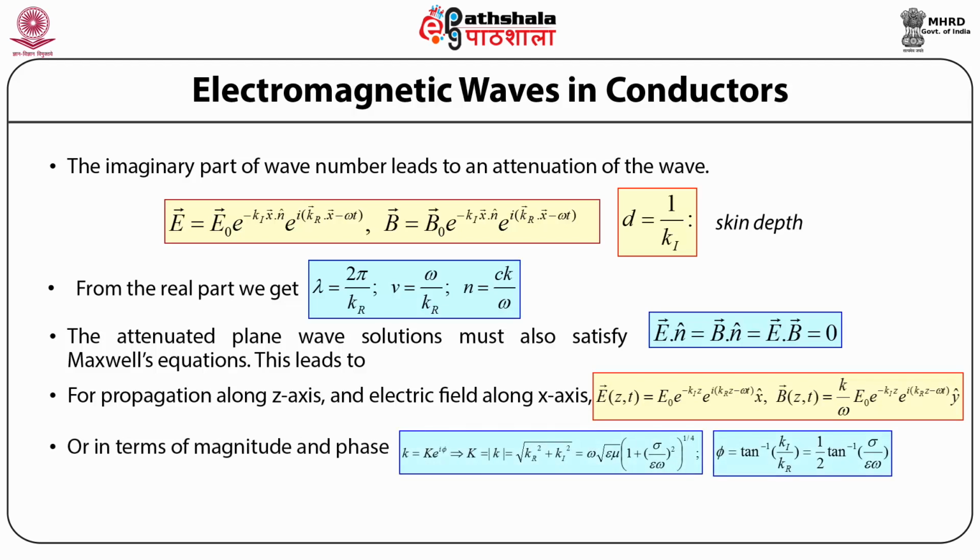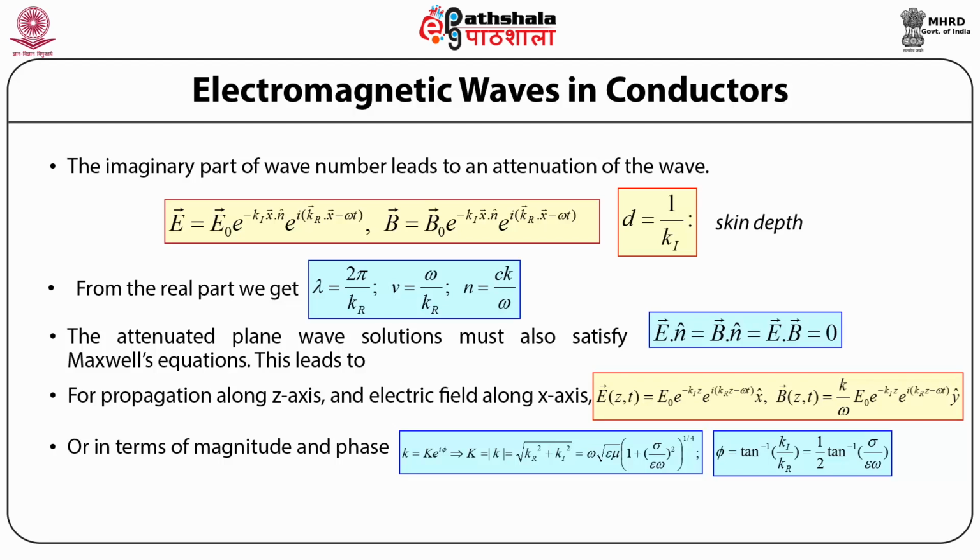We can also express the complex wave number in terms of its modulus and phase as k equals capital K times e raised to power i phi. Then the modulus of k equals the square root of k real squared plus k imaginary squared, which equals omega times the square root of epsilon mu, into the fourth root of 1 plus sigma divided by epsilon omega squared.